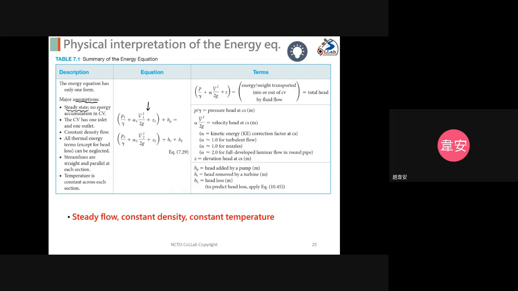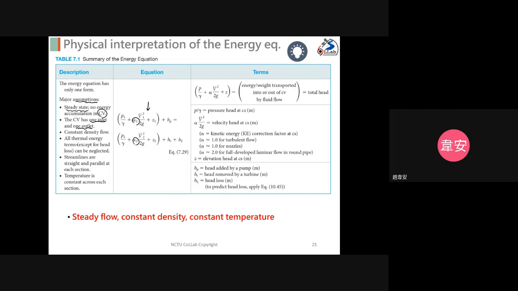So there is no energy accumulation in the control volume, so we cancel out the integration along the control volume. And for this equation, we only have one inlet and one outlet. That's why we use alpha 1 and alpha 2. The 1 is the inlet cross-section area, and the 2 is the outlet.